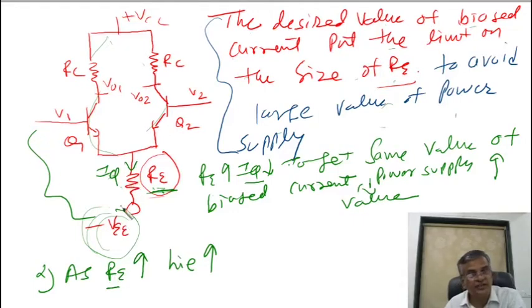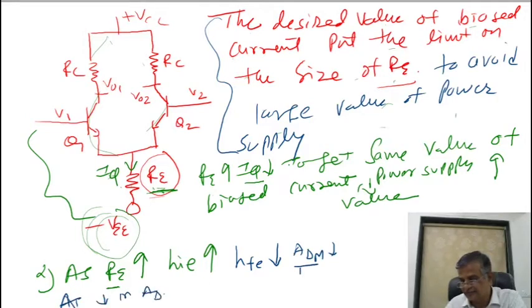As input resistance increases, your current gain decreases. As current gain decreases, your differential gain also decreases, and this decrease in ADM affects CMRR.